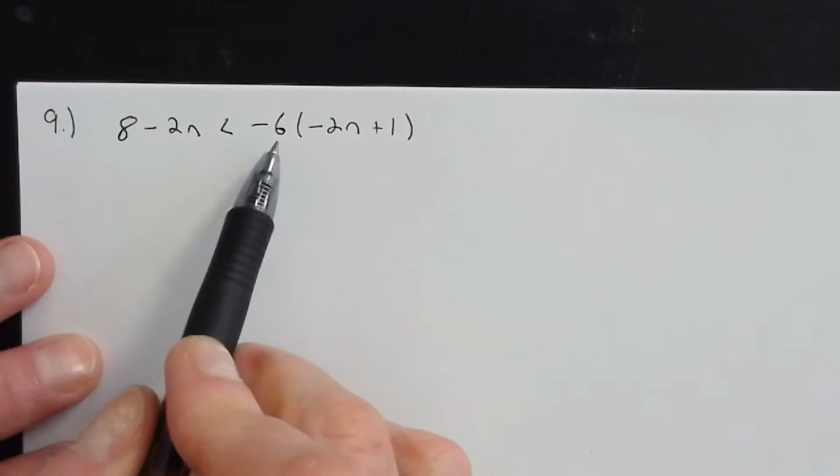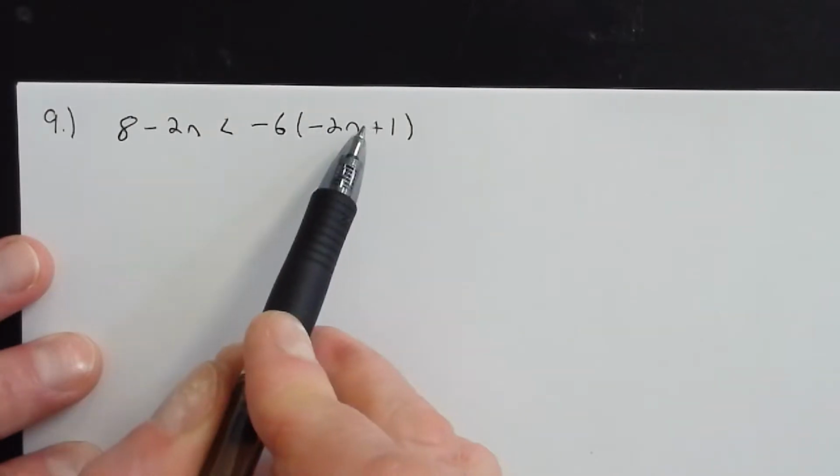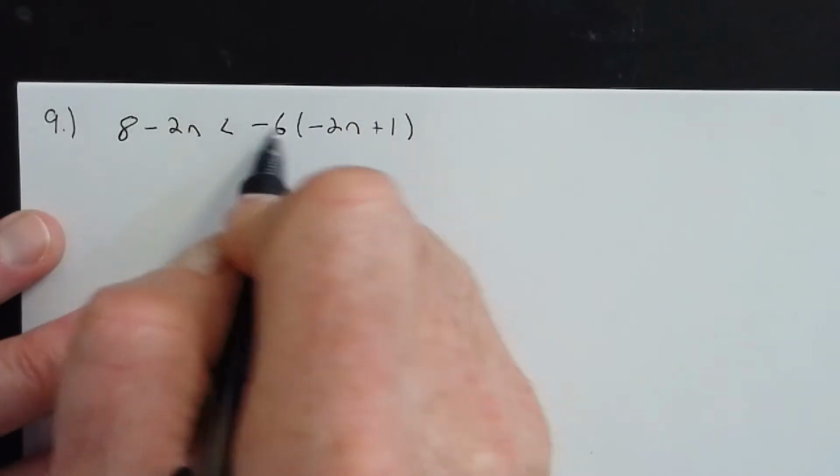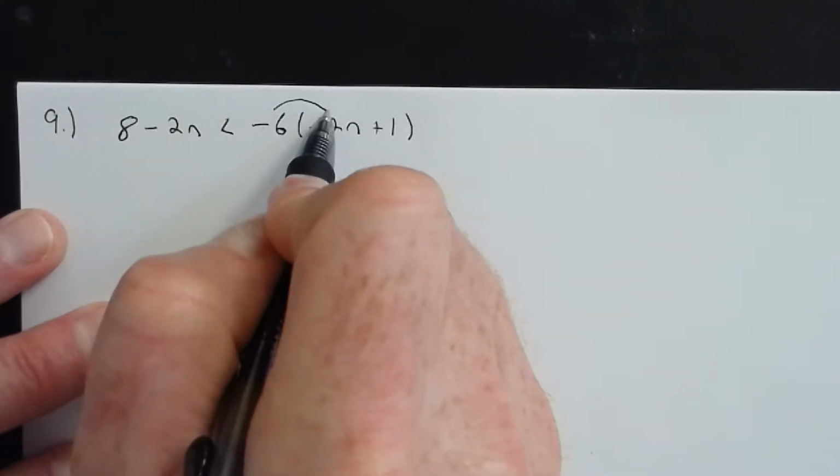So we see that we have to distribute the -6, and so that's going to be our first line of business.